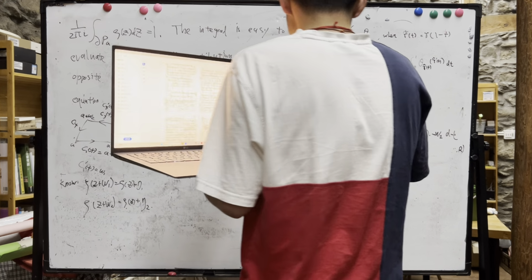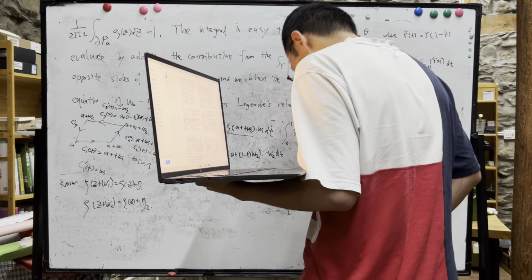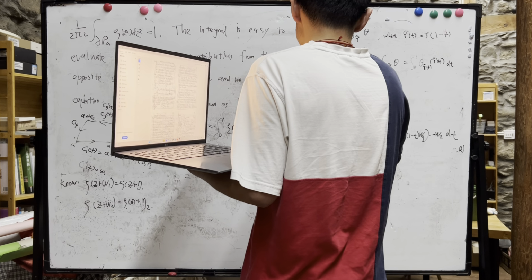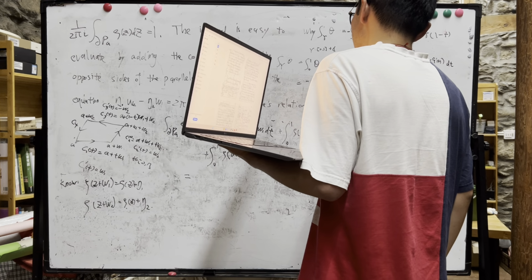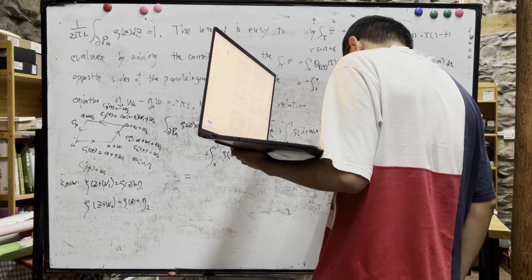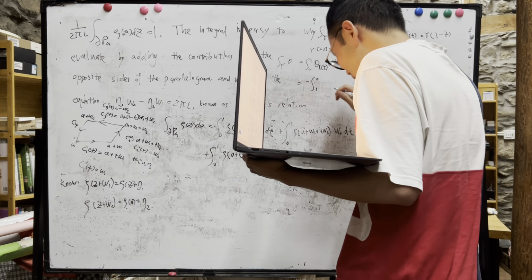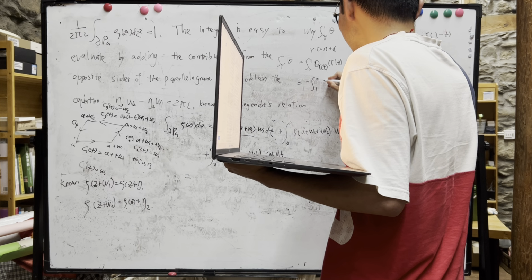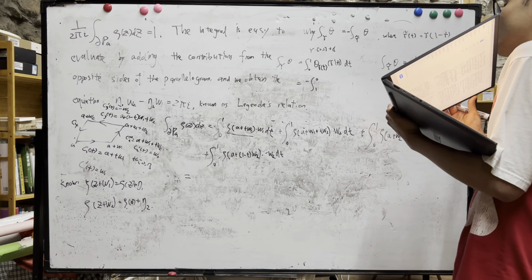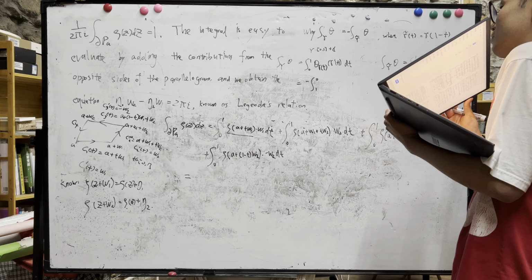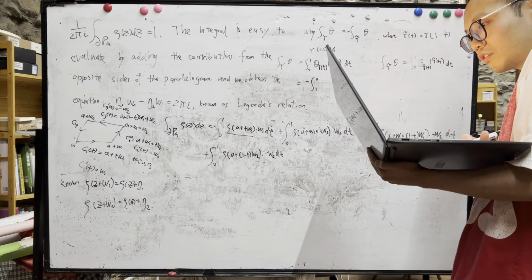The left hand side is equal to negative the integral from 1 to 0 of the theta. Wait, so this is like a differential 1-form, right?